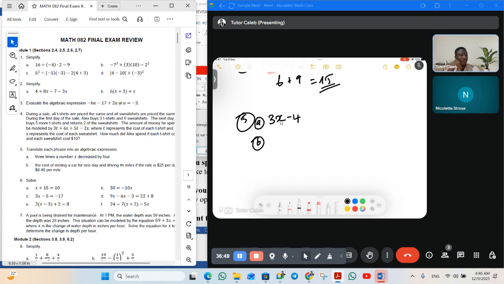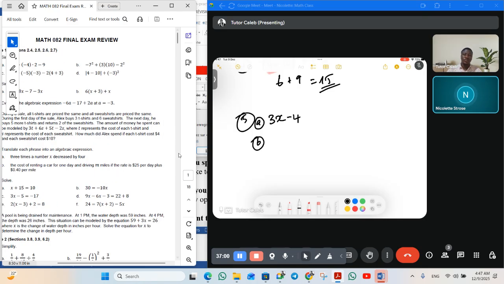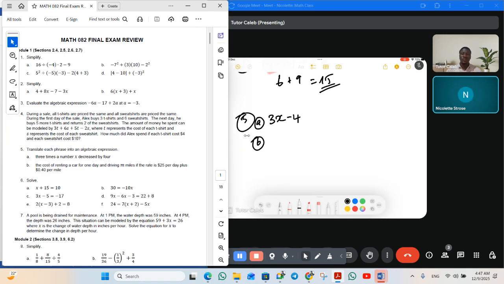Okay, B. The cost of renting a car for one day and driving M miles if the rate is $25 per day plus 0.40 per mile.